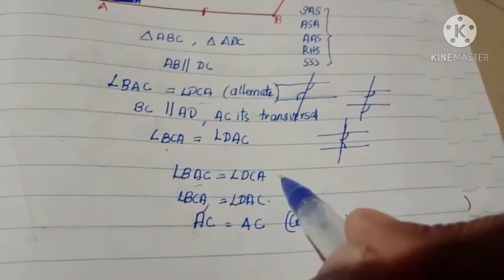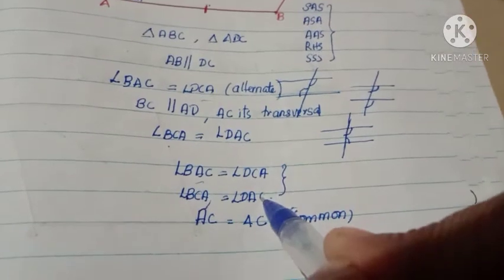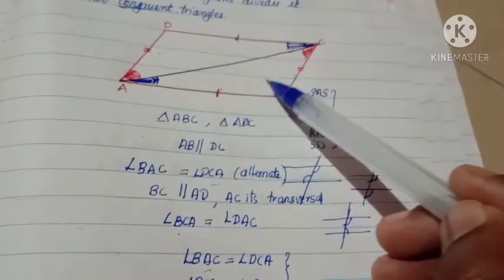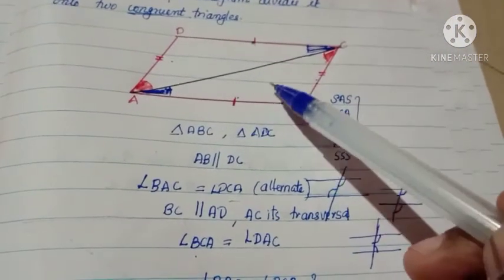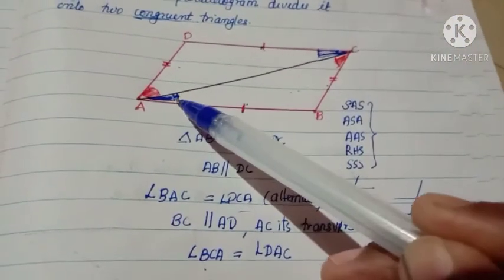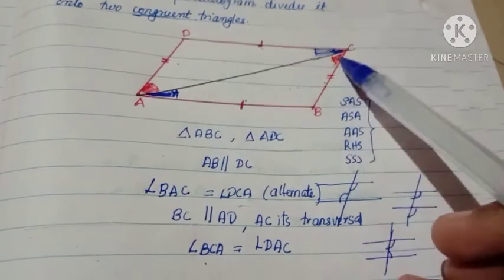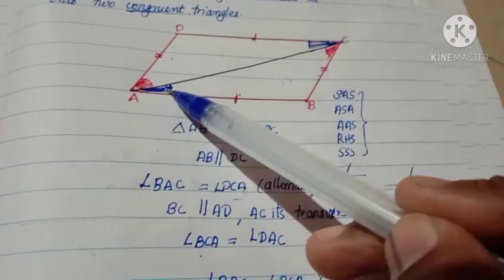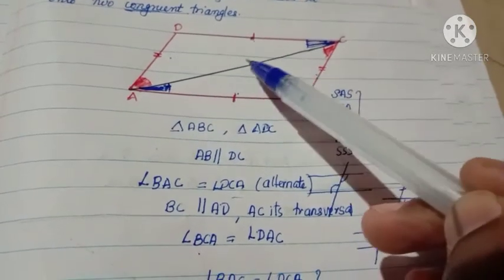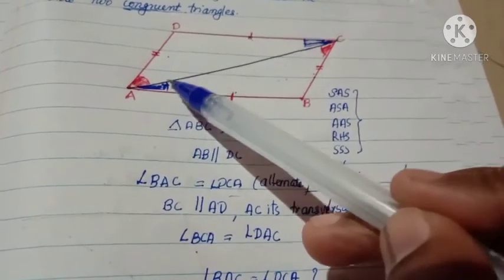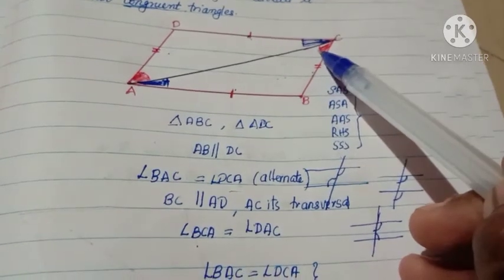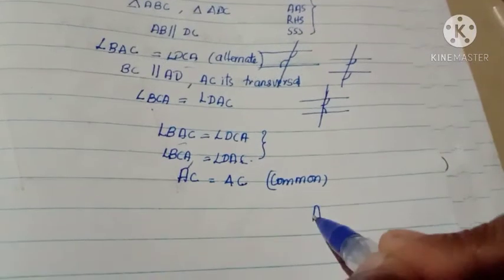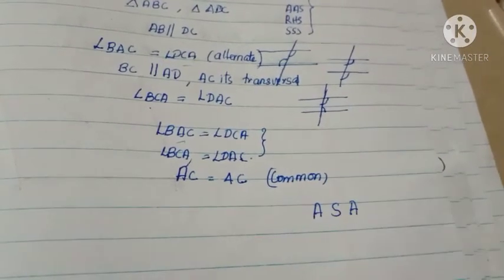Now listen, we have two alternate angles, two angles and a side. Now look at triangle ABC only. In triangle ABC we consider these two angles and the AC side. Now listen, this AC side lies in between these two angles. So we have two angles and an included side.